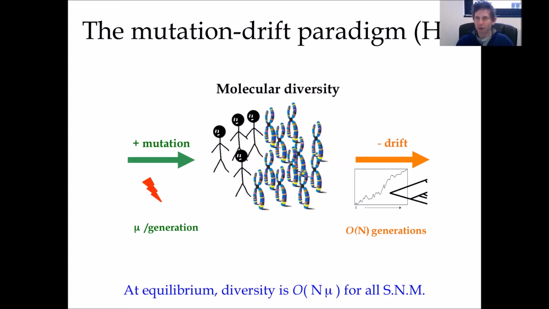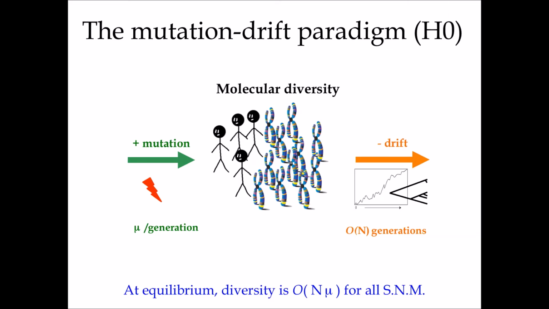No problem. If you measure any kind of metric of diversity, say for example, you count the number of sites that are polymorphic in your genome or in your sample of genomes, the expected number of polymorphic sites, which is a measure of diversity, will be a function of N mu. It will be N mu times some constant.